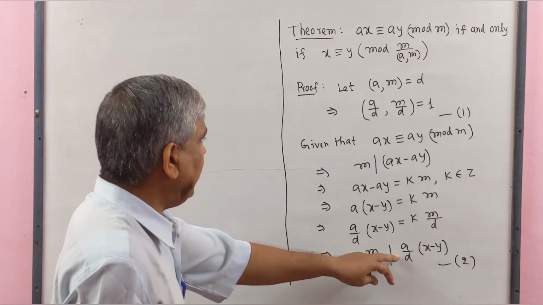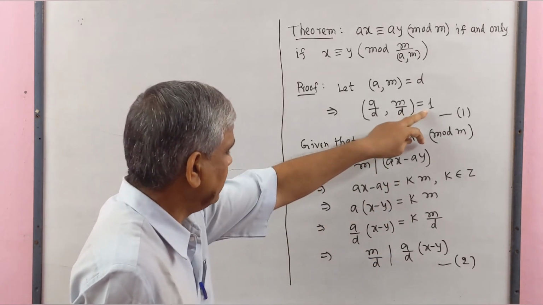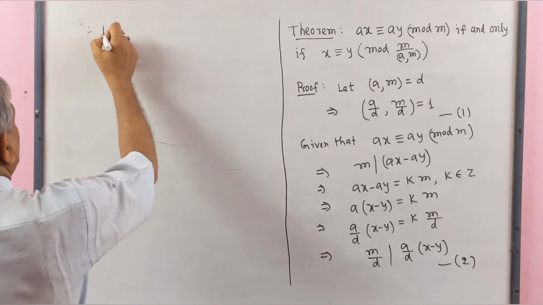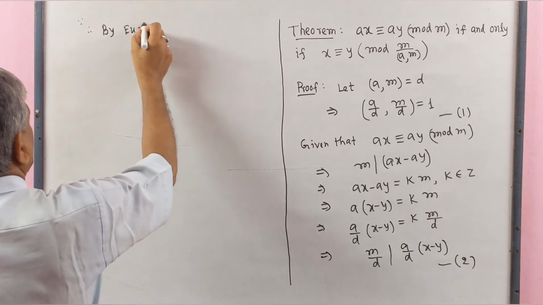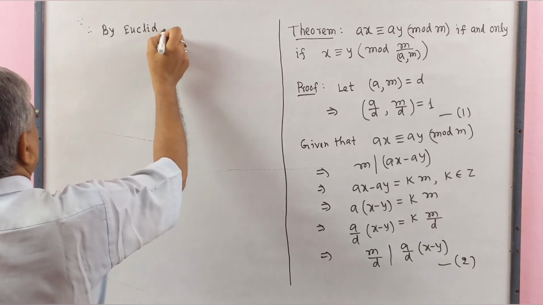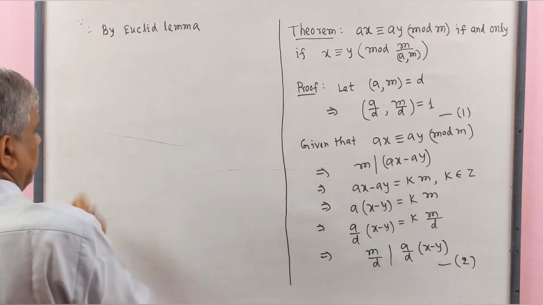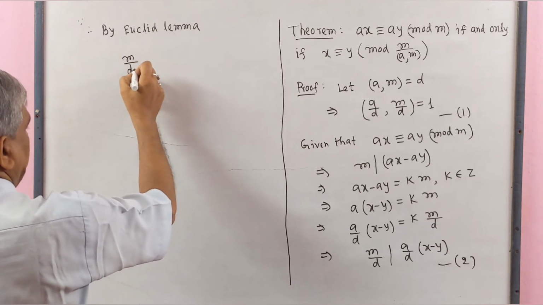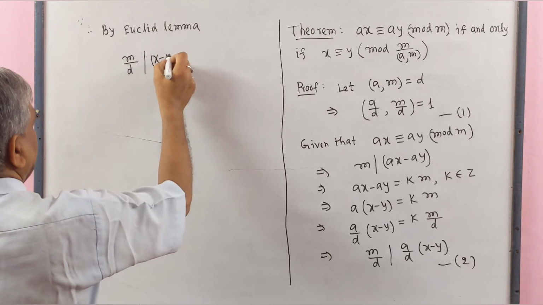GCD of a by d and m by d is 1. Therefore, by Euclid's lemma, m by d divides x minus y.